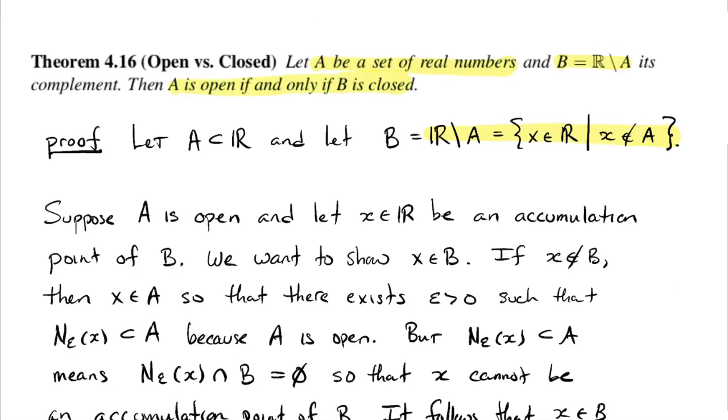All right, so complements of open sets are closed, and not only that, any set that's closed is the complement of some open set. All right, so I'm going to launch into the proof. You might want to stop the video before I start and review, if necessary, those definitions of things like open set, closed set, interior point, and accumulation point, because I'm going to be heavily using those ideas in this proof.